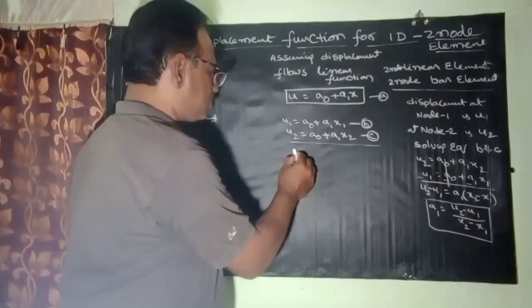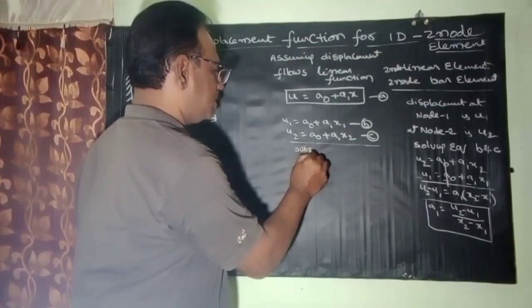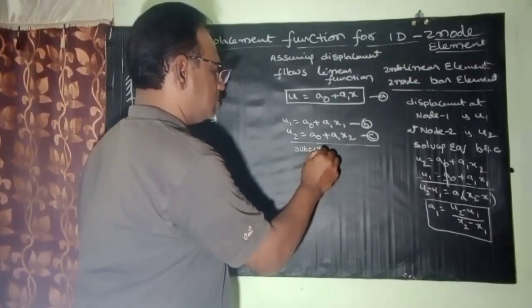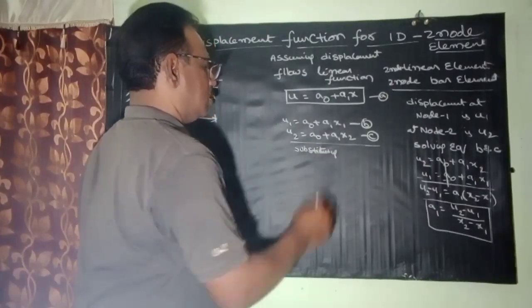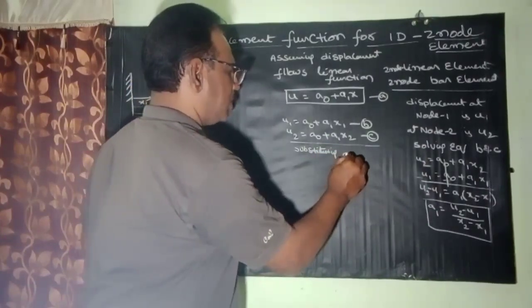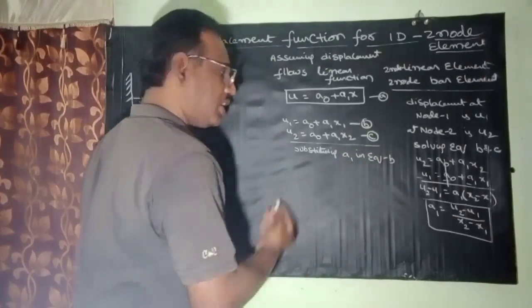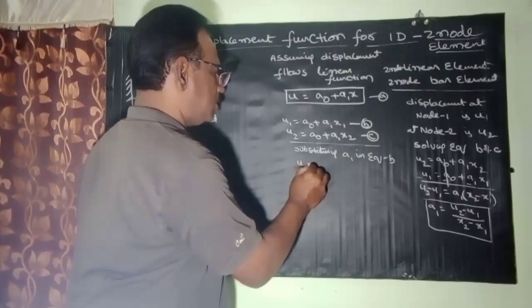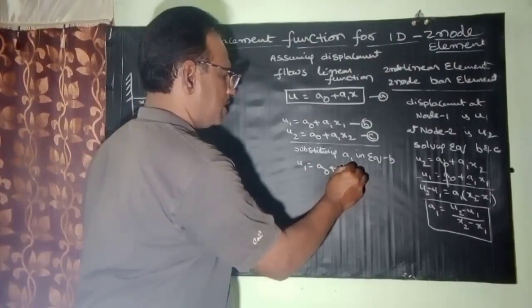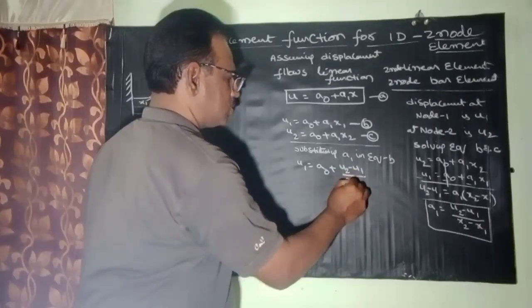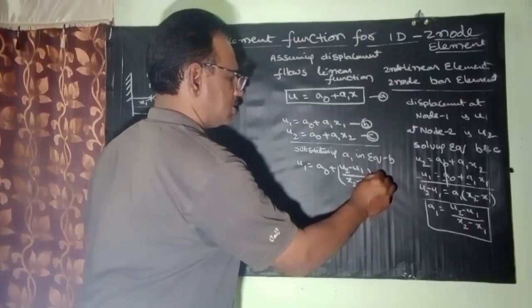So substituting a1 in equation B, suppose C, then u1 equals a0 plus a1, which is u2 minus u1 by x2 minus x1, into x1.